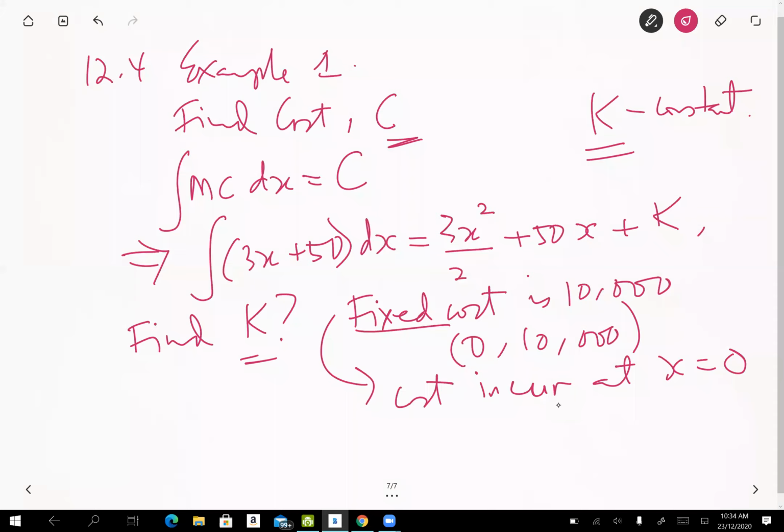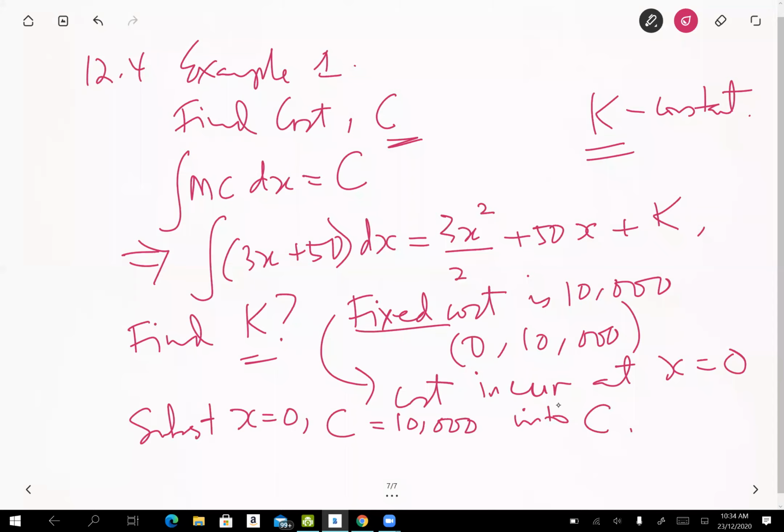So now substitute. All right, you substitute into the integral. Substitute x equal to 0, c equal to 10,000 into that c.